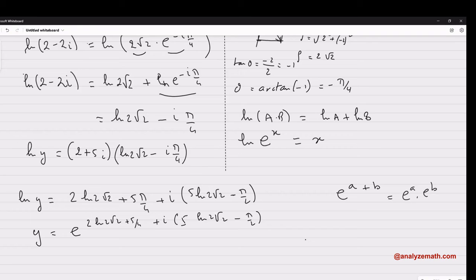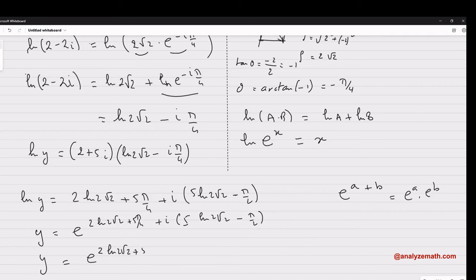So y is equal to e to the power 2 ln 2 square root 2 plus 5 pi over 4, and then multiplied by e to the power i times 5 ln 2 square root 2 minus pi over 2.